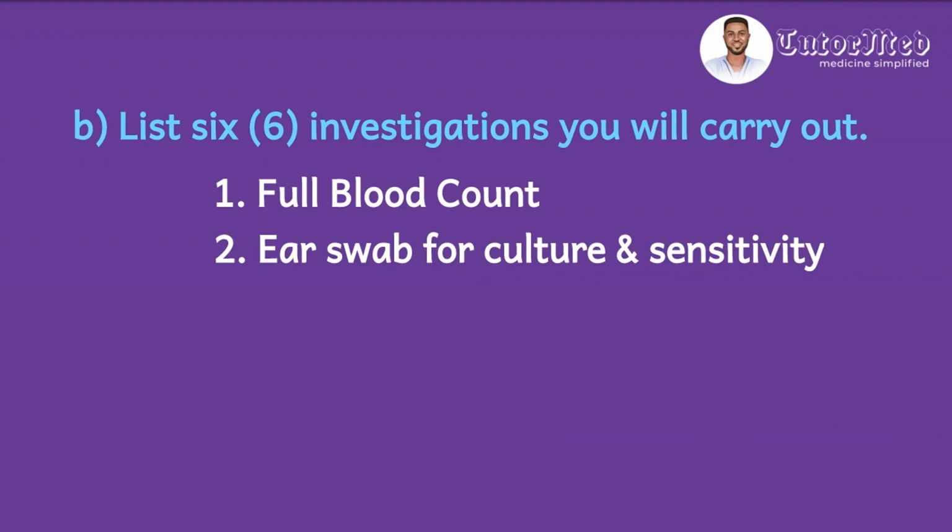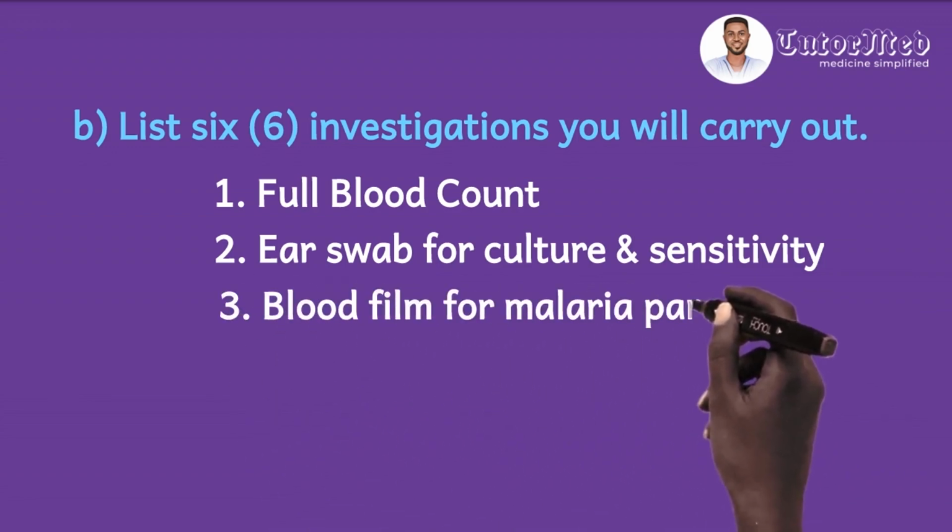But because the question has pushed us to give 6 investigations, then we need to do more. For example, this patient may present with fever, and so we need to do a blood film for malaria parasites to rule out that malaria is responsible for his febrile episode and other symptoms that are common to both otitis media and malaria.